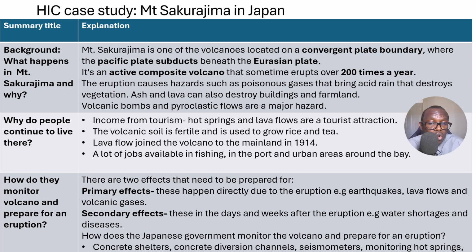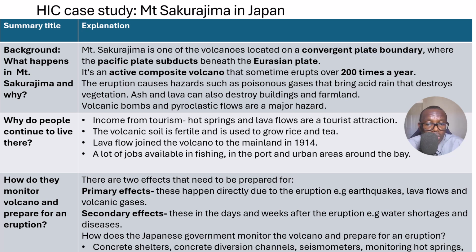So that made it a lot more accessible, and therefore more people can now live around it. Then lastly, there are a lot of jobs available in fishing, and there's also a port and urban areas around the bay. So in terms of economic activity, it's quite a vibrant area where people can come and work and live and thrive as a result.